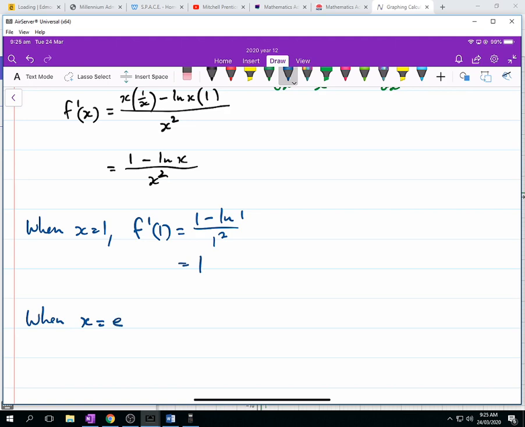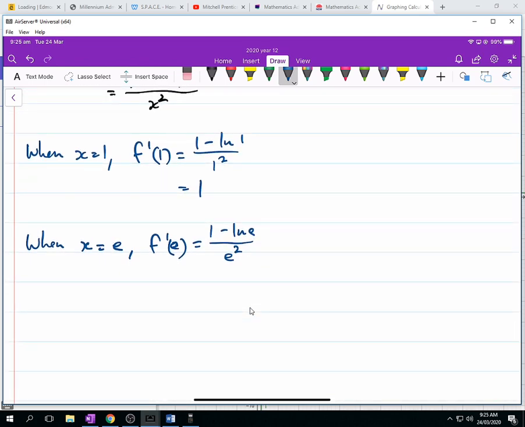When x is equal to e, then f dash of e is equal to 1 minus ln e over e squared. e to the power of 1 gives you e, so the gradient at this point is actually equal to 0. So that's 1 minus 1 over e squared, which is equal to 0.